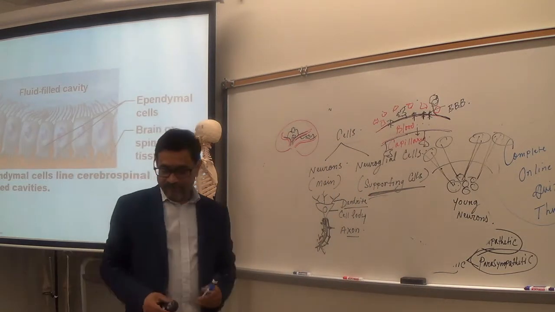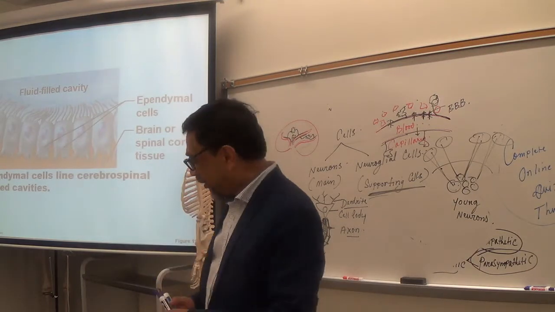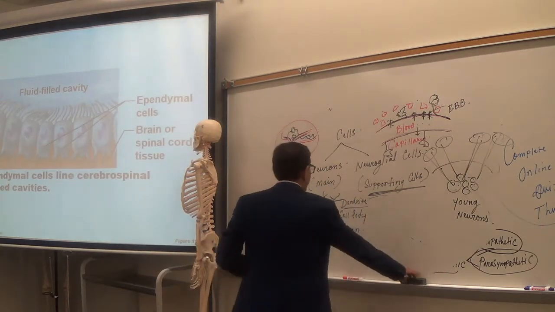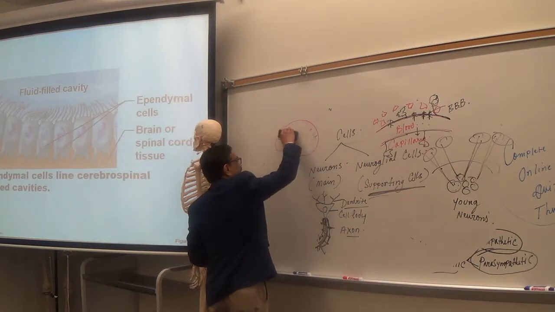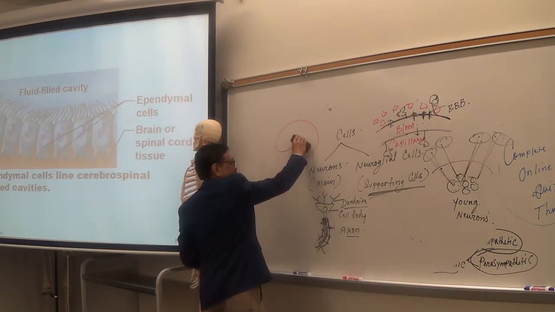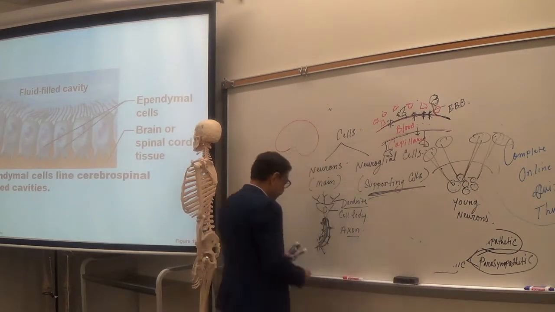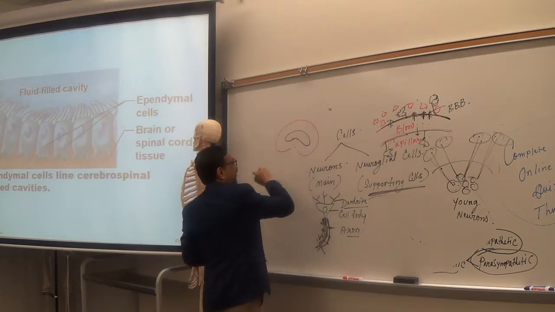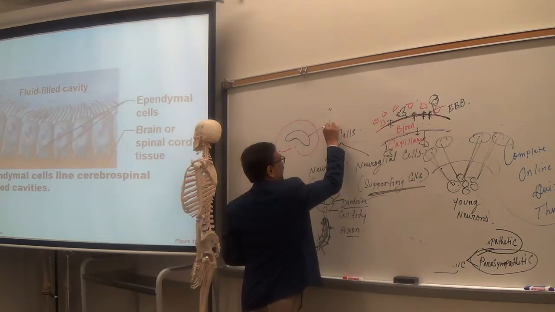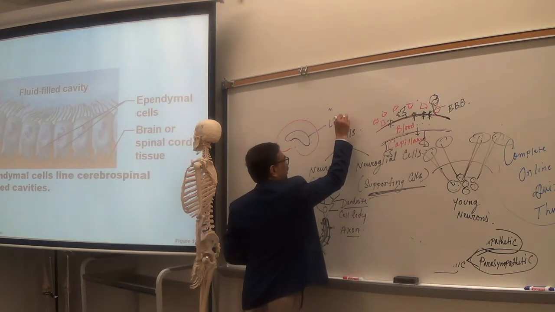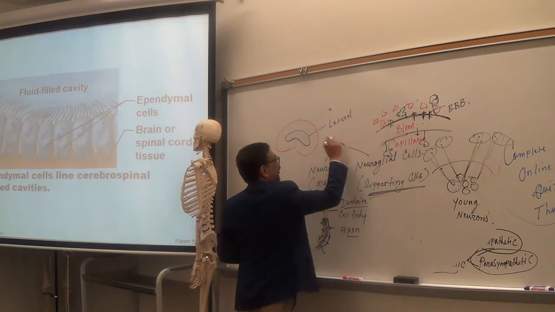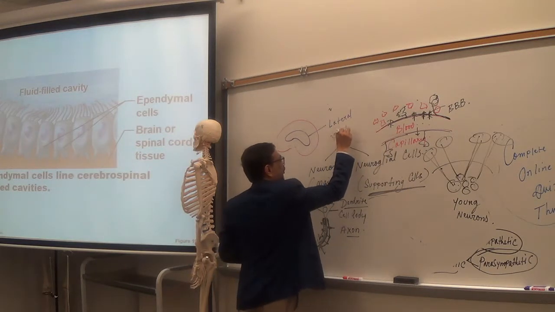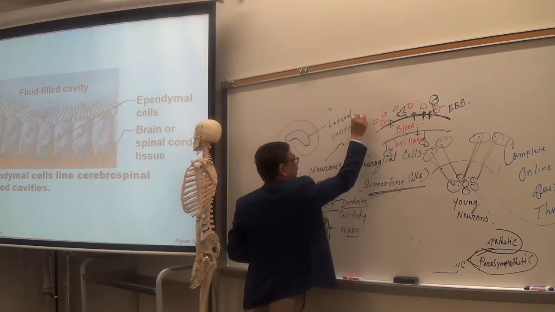Ependymal cells. Inside the brain, you have some fluid-filled cavities. For example, this is the brain. Inside the brain, you have a cavity here that is called lateral ventricle.